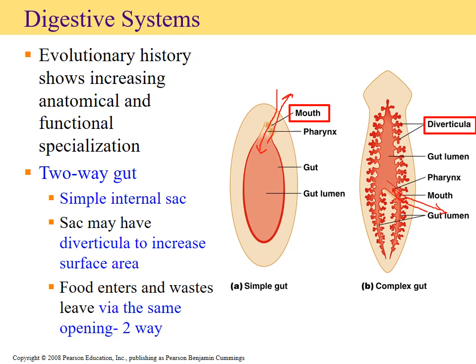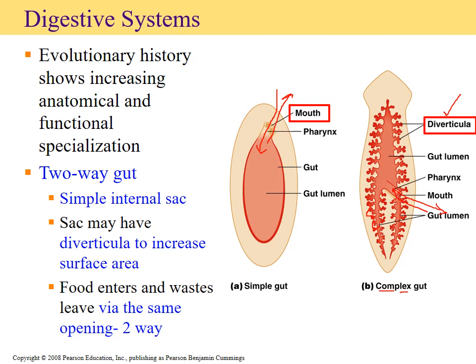The sac itself could be very simplistic, but it can also be a little bit more complex because of the different infoldings that you might see right over here. These little diverticula are a great way to increase the surface area, making it easier for the cells to have access to the nutrients as they're being broken down.